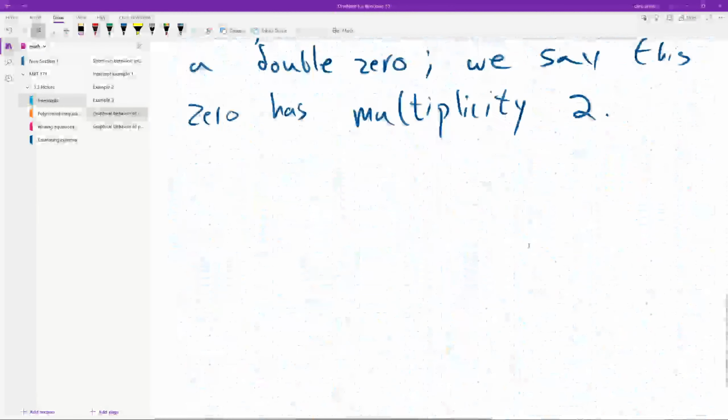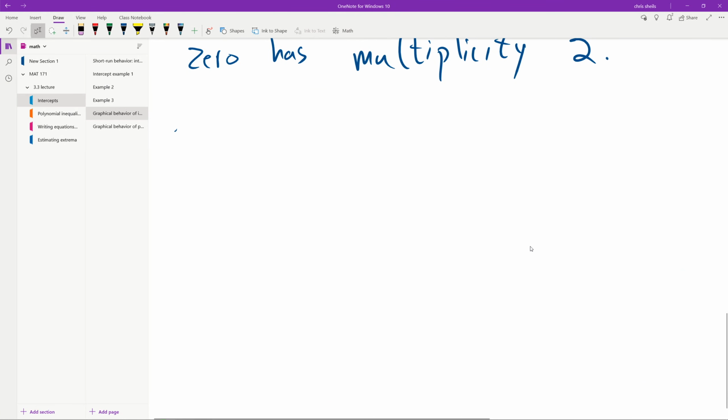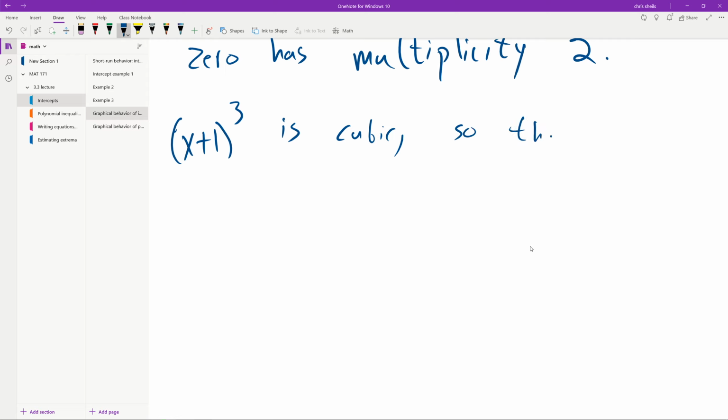The factor x plus 1 quantity cubed is cubic, so the graph behaves like a cubic near the intercept.